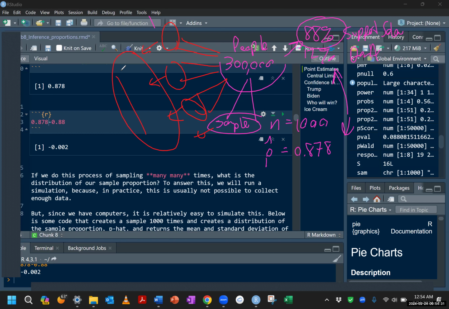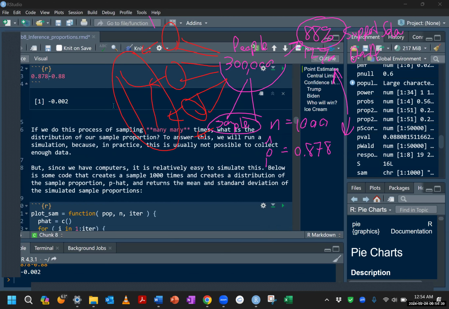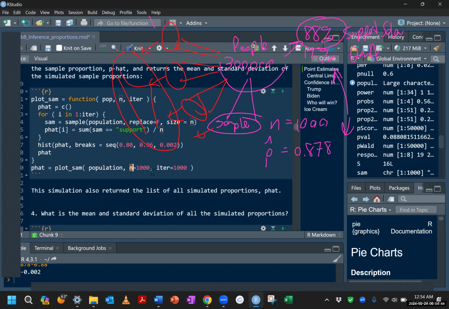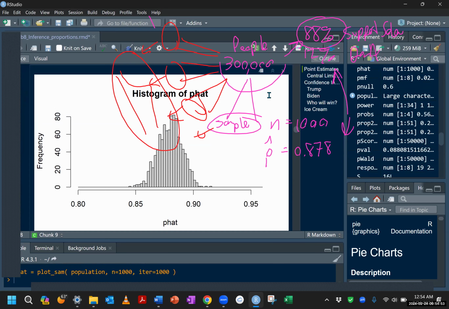I made a histogram. That's what we'll call our sampling distribution. So here's what this code does. It takes many, many samples. We do 1,000 samples, each of 1,000. So if I run that, this plot is what you call a sampling distribution.